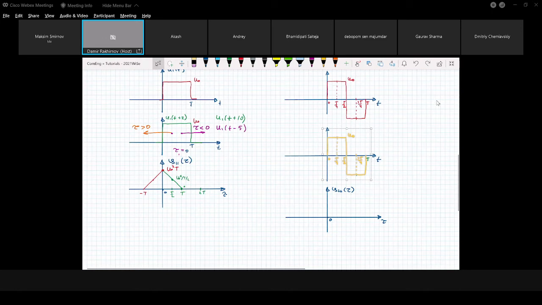Why? Because you can just consider the first half of our signal. We have a positive rectangular pulse times another positive rectangular pulse. So the product will give us positive, and the integral of this first half will be u0 squared times t by 2.